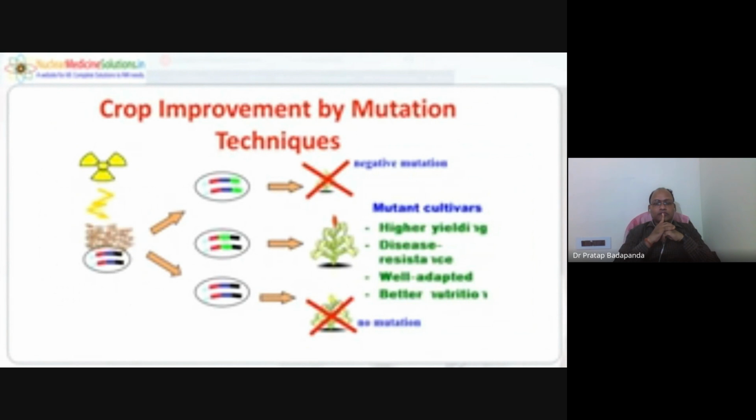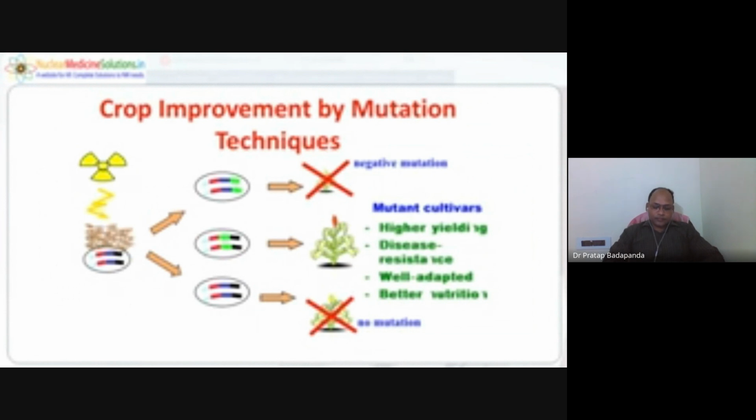The importance of radionuclides, as we have seen in the case of agriculture: we can improve the crops by mutation techniques. You can increase the life of the crop by using this particular radiation.